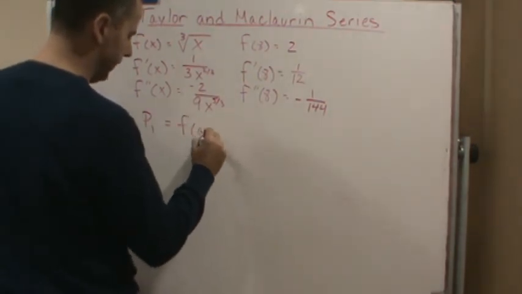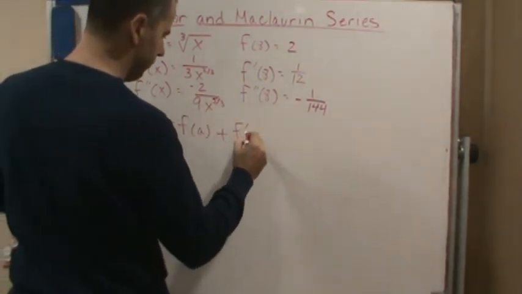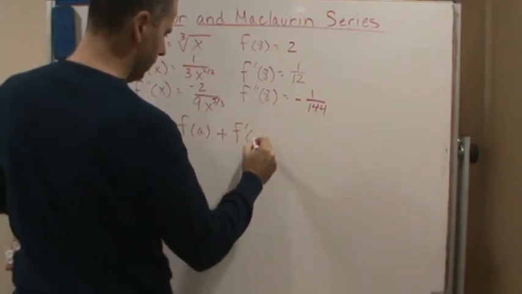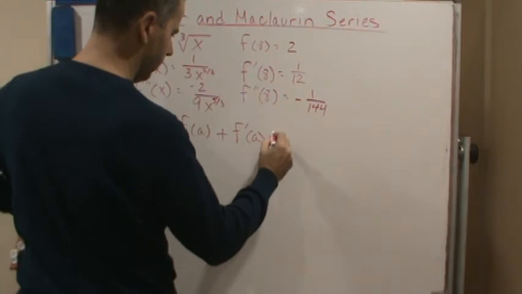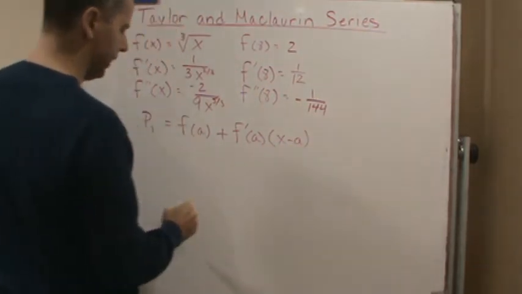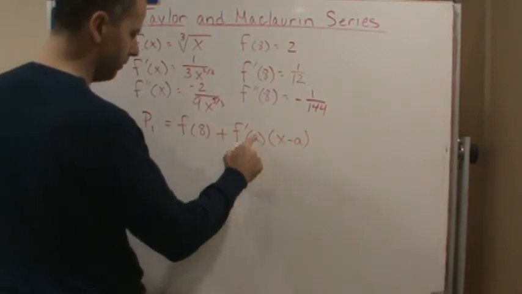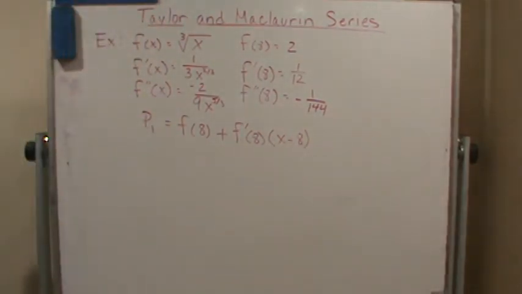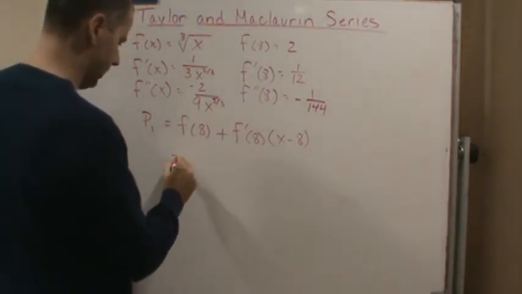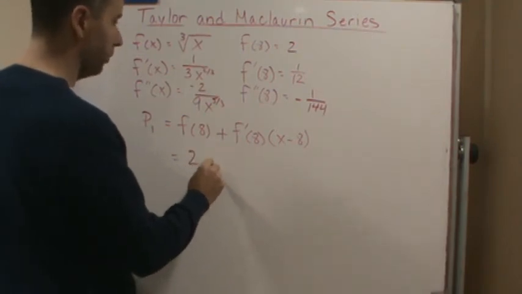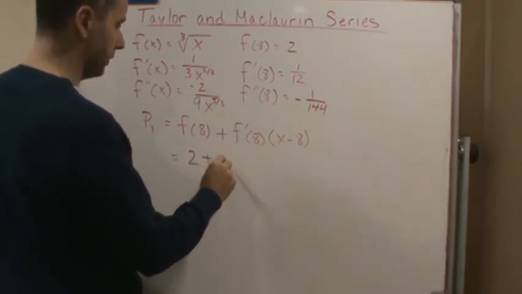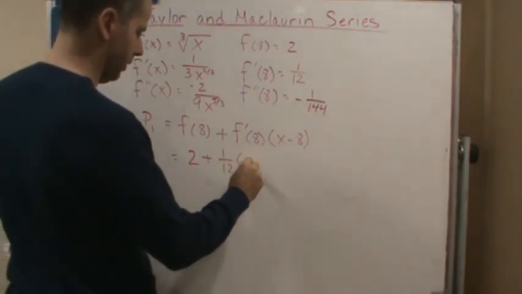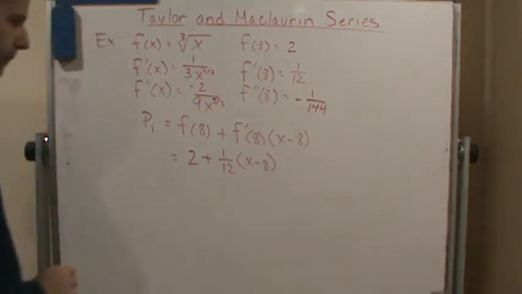It's f of a plus f prime of a times x minus a, but in this case a is 8. Which then gives us 2 plus 1/12 times x minus 8.